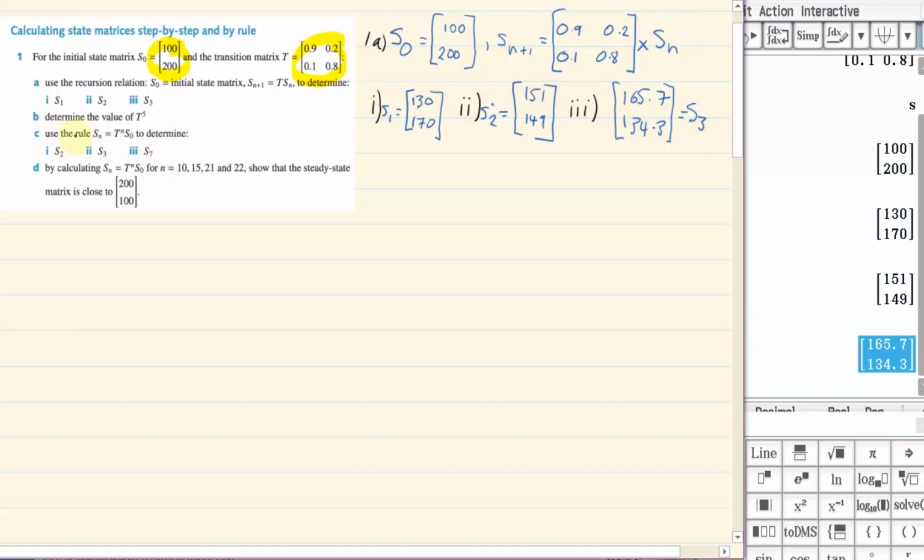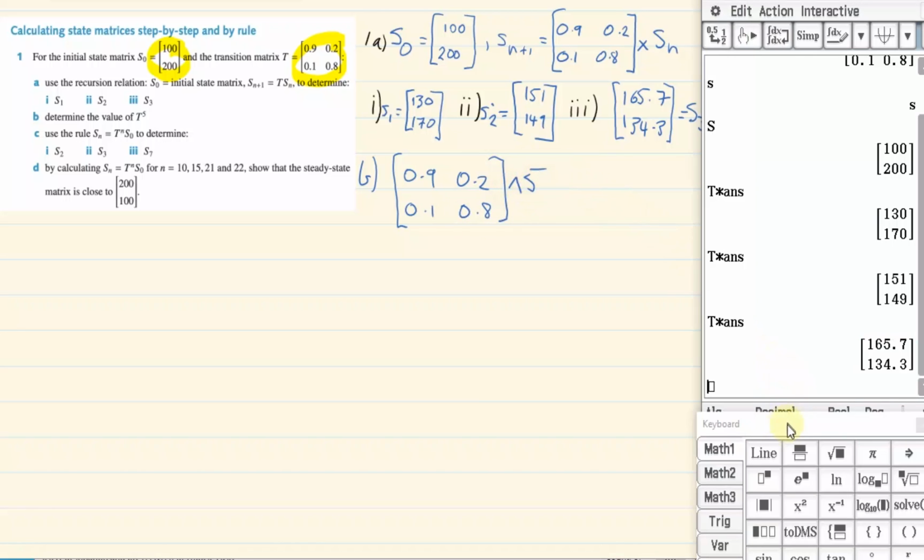Now it wants us to determine the value of T5. T5 is simply our transition matrix to the power of 5. Because it's a square matrix, we can raise it to powers. Do that in the CAS, fairly straightforward.